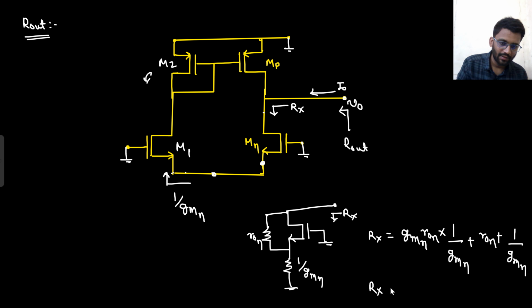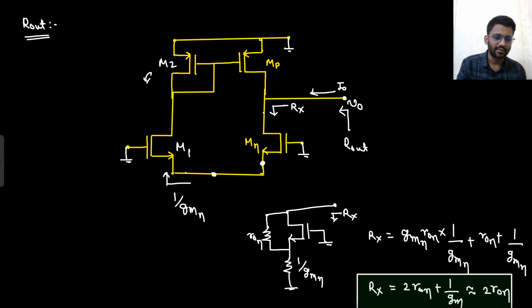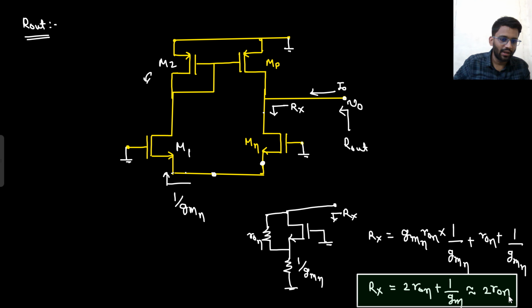So Rx would be 2 R naught N plus 1 by GM. Since this 1 by GM would be very small, approximately I can replace it with 2 RON only, right? So looking downward, this is my resistance, that is 2 R naught N. So from here you see 2 RON only.